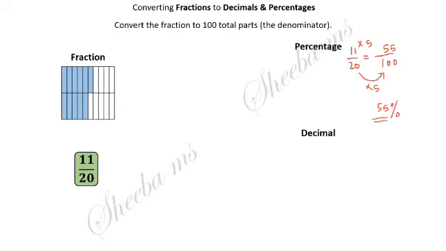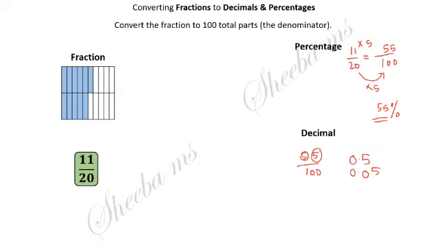And the same, how do we change it into decimal? We know it is 55 by 100. So how many tenths are there, how many hundredths are there? There are 5 tenths and 5 hundredths. 5 tenths means 0.5, 5 hundredths means 0.05.